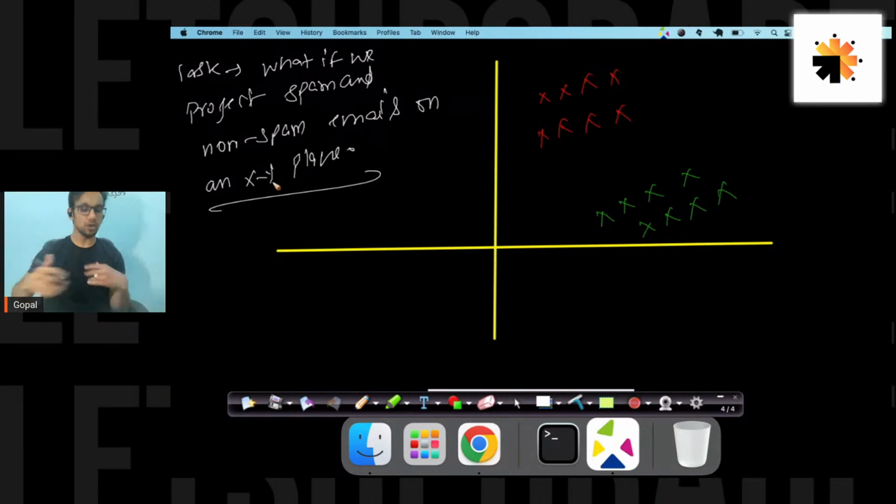We will understand how exactly we can vectorize all of this; it's a totally different topic. But assume you somehow converted those emails into a numerical format, and now you have projected those spam and non-spam emails onto an XY plane.